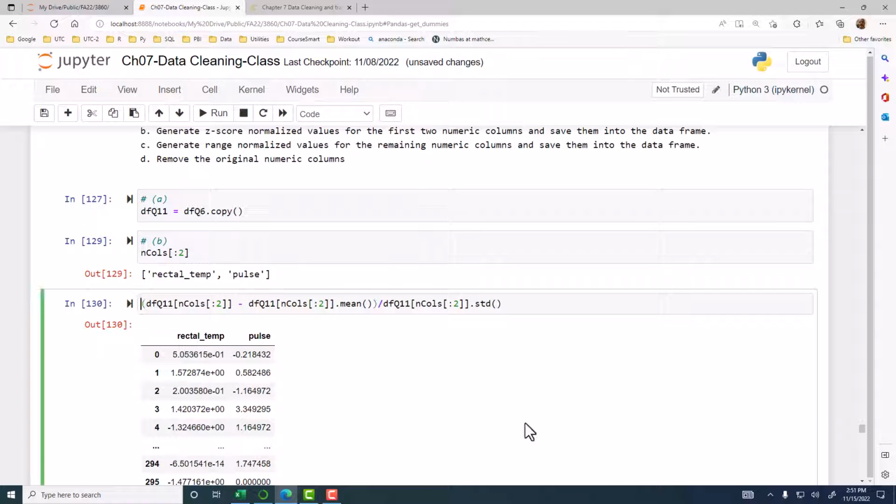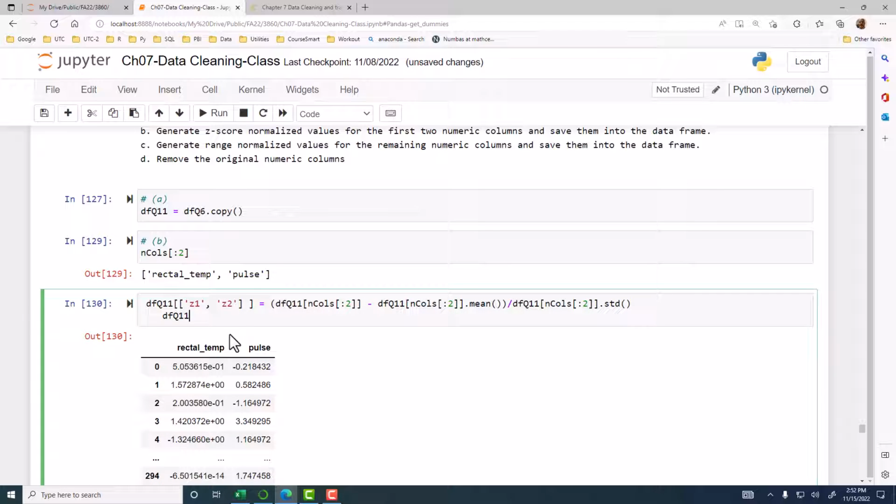So what we have to do is to do DFQ11, right? Then we need two of them, because there are two columns that are converted into z-scores. So since we have two, we need to give that as a list. So we can say z. Well, we need to just make up names, z1 and z2, and then let's print.